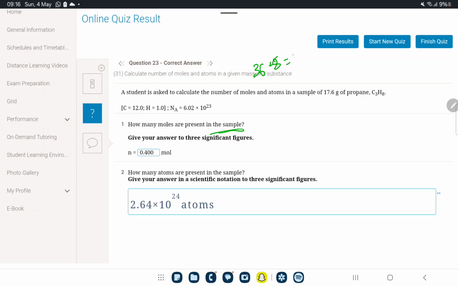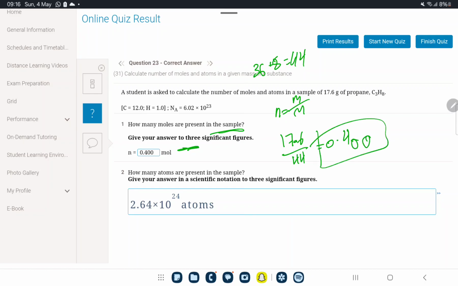It is 44. So moles is mass over molar mass. So 17.6 over 44. 17.6 divided by 44. You get 0.4. 3 significant figures, add 2 trailing zeros, and mabruk, you got the answer.